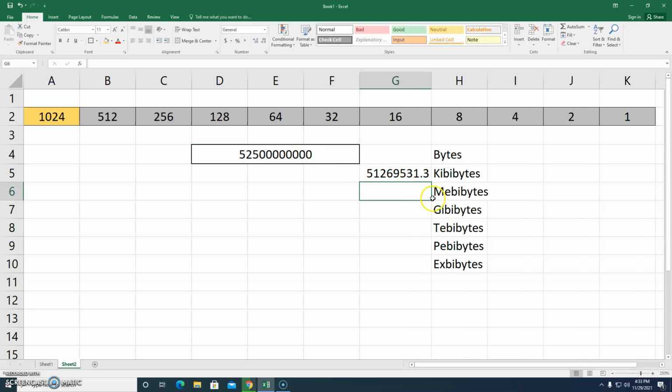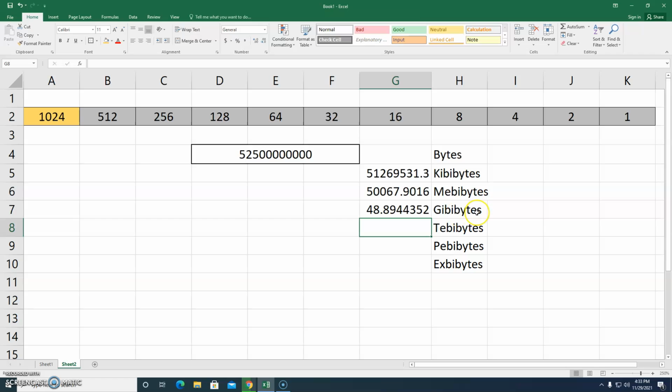If we want to find the number of mebibytes, we take the number of kibibytes and divide it by 1,024. And if we want to find the number of gibibytes, we take the number of mebibytes and divide it by 1,024.